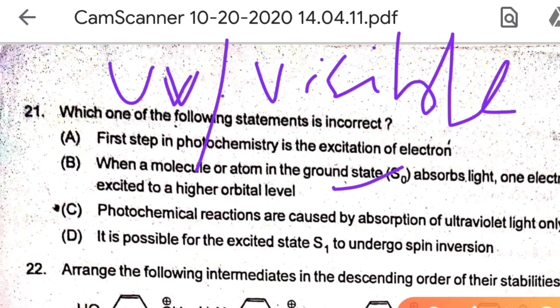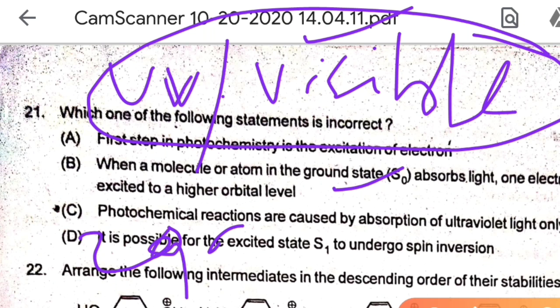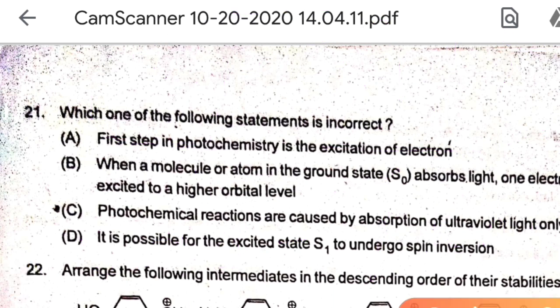Next, photochemical reactions are caused by absorption of UV light only. Actually, this is a wrong statement because reaction usually occurs in the range between UV and visible region, that is 290 nanometer to 780 nanometer. Okay, so the correct answer for question number 21 is C.